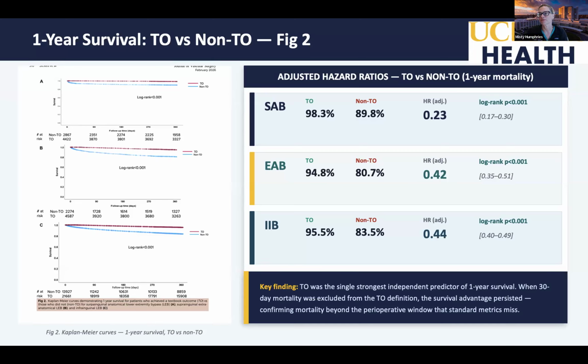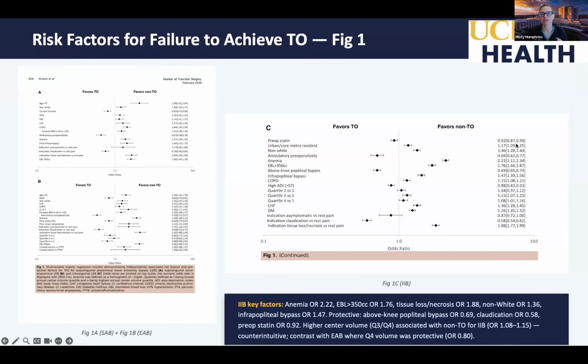When we think about the risk factors for failure to achieve textbook outcomes, which you can see here in these forest plots, again broken down by the different groups, the multivariable analysis really shows a consistent pattern across all these procedure types: the more comorbidities, the less likely to have these textbook outcomes.